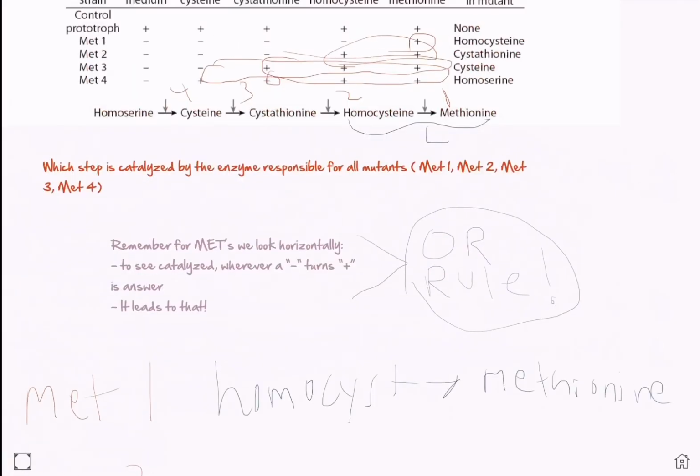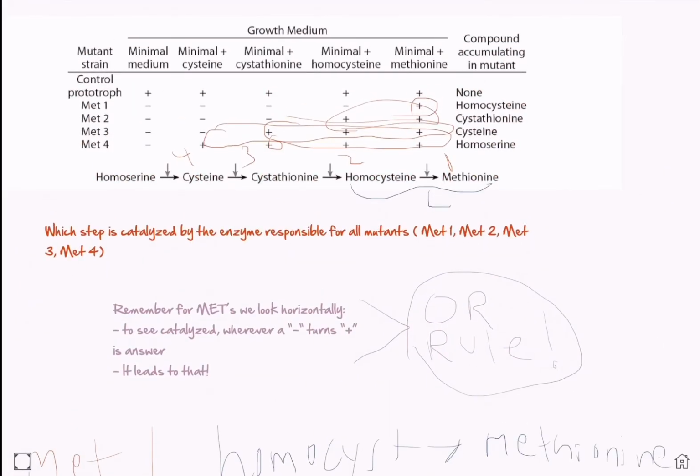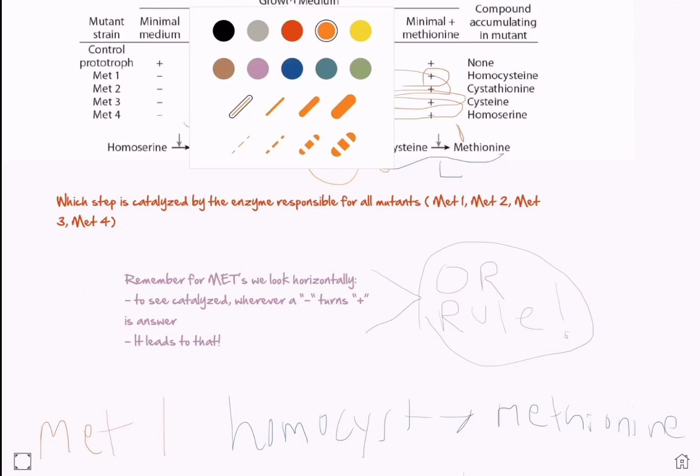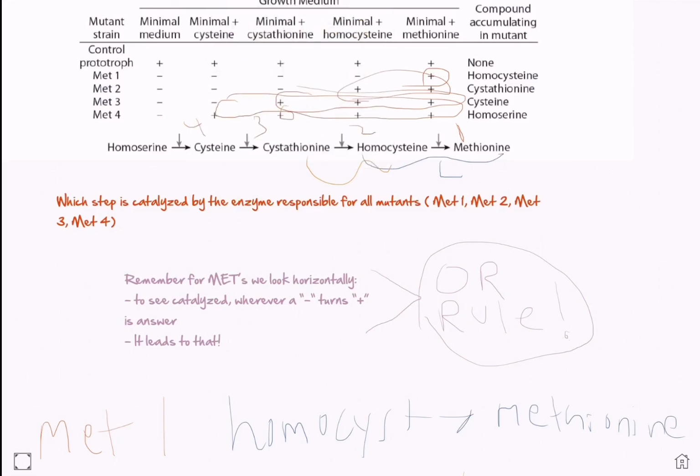Now let's look at MET2. For MET2, it's cystathionine to homocysteine. Now let's see MET3. MET3 is cysteine to cystathionine.